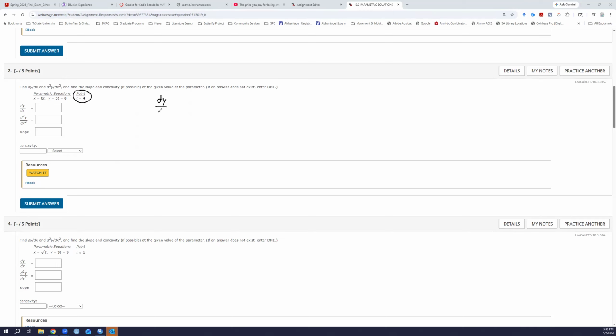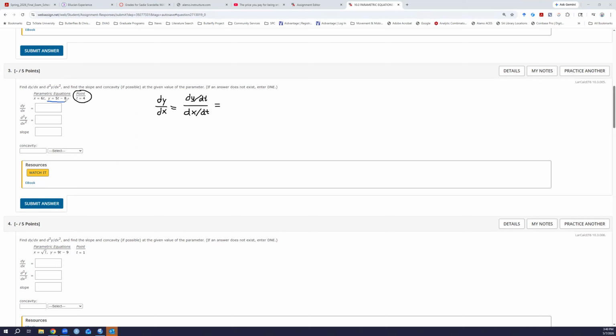And using that formula that we used just moments ago, remind ourselves that that's going to be the same thing as dy/dt over dx/dt. Okay. So we'll use two different colors to code what we're looking for here.